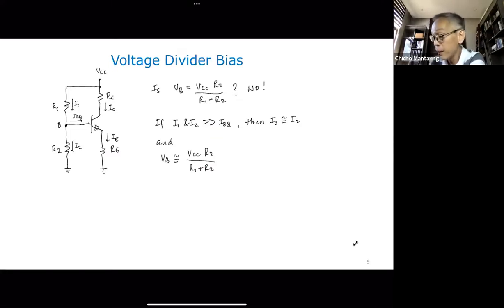Okay. Now let me compute for V sub B. Let me do a KVL, not compute for V sub B, but let me do a KVL from V sub B through the base emitter to ground through R sub E. So I can do that.